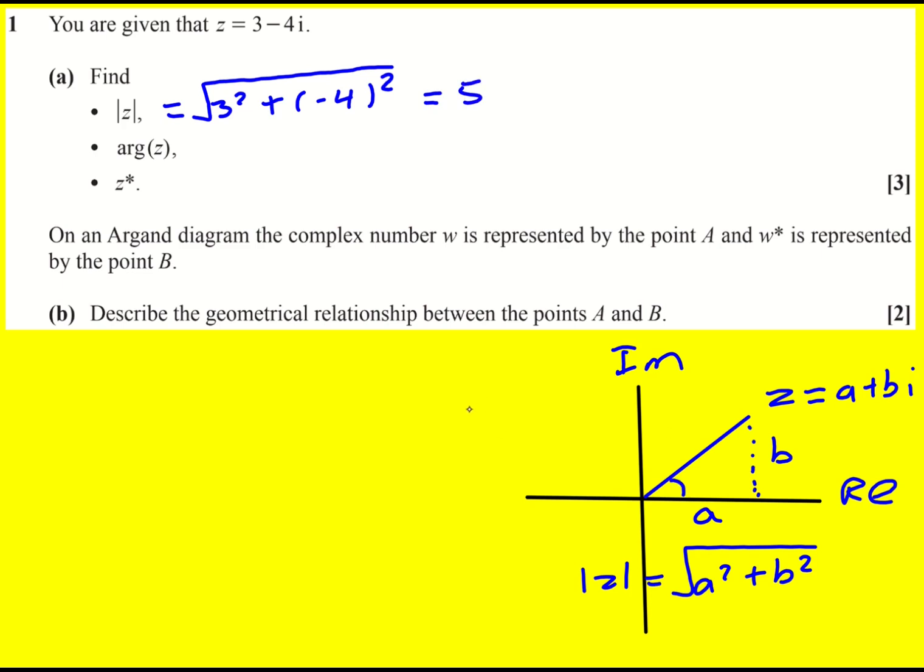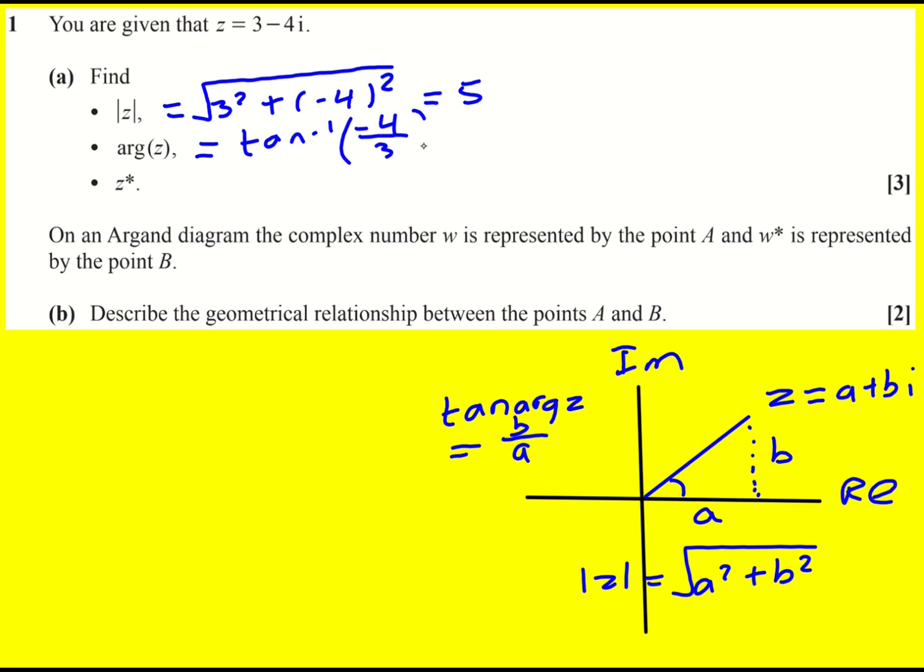Then for the argument, tan of the argument of z is going to be the opposite over the adjacent. And this still works. So it's the imaginary part divided by the real part. This still works when you get negatives. So we're going to get inverse tan of minus 4 over 3.